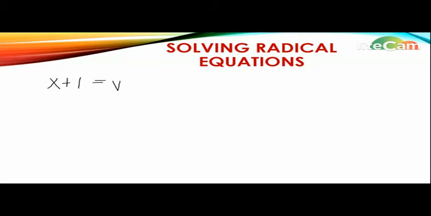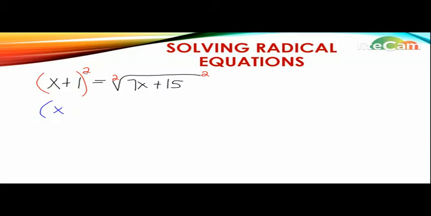So we have x plus 1 equals the square root of 7x plus 15. Here's my issue. I have to square the square root of 7x plus 15. If you square this side and you go over here to square the other side, which is what you're supposed to do when doing things on both sides of the equal sign, the problem is that I'm going to have to square the whole x plus 1.